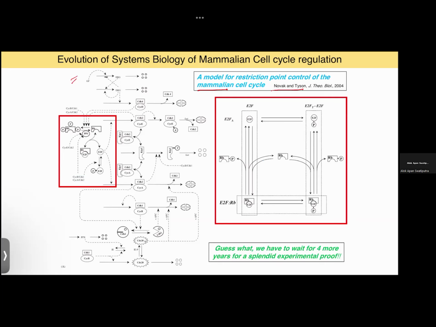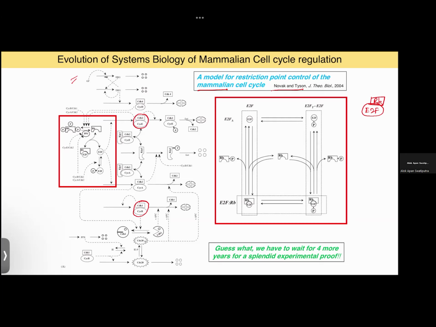So how does this RB E2F essentially operate? Normally when E2F is present, RB remains bound to it, and the level of E2F cannot increase. However, there are certain kinases called cyclin B CDK1, cyclin E CDK1, which I had been mentioning earlier, the CDC2 and cyclin partner.